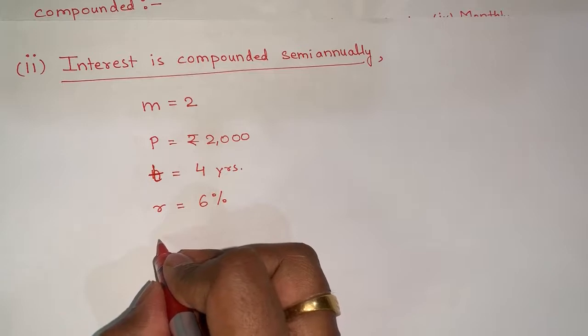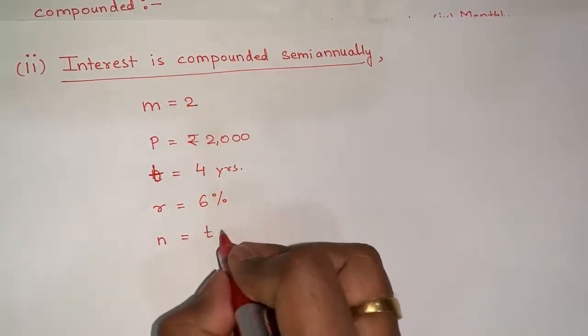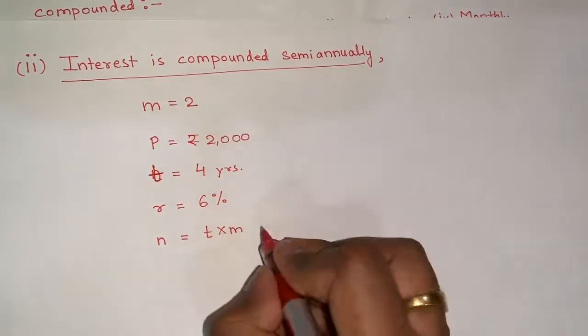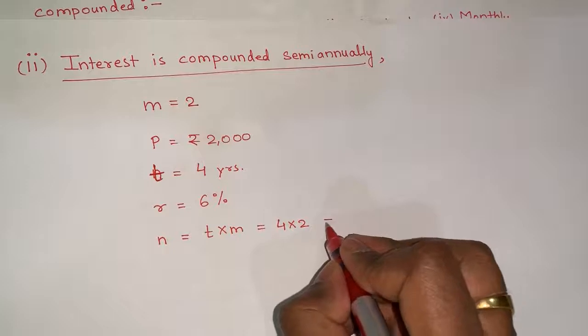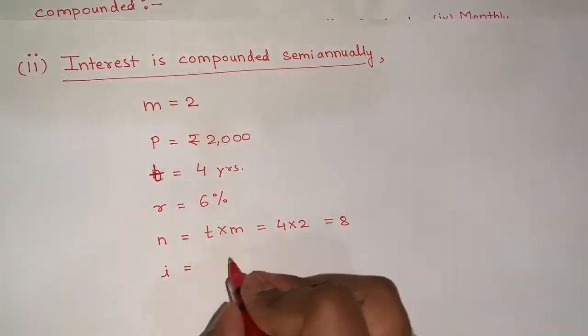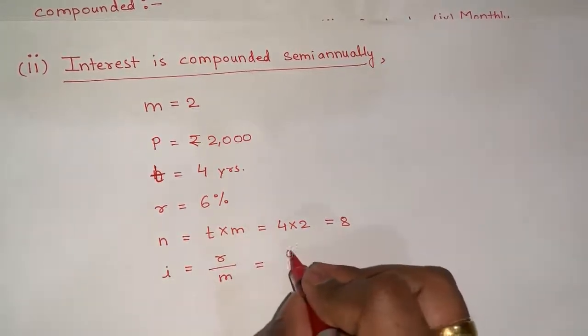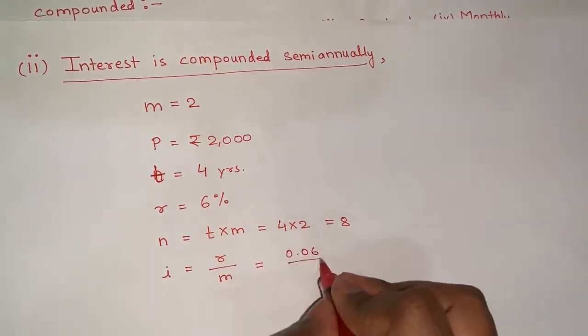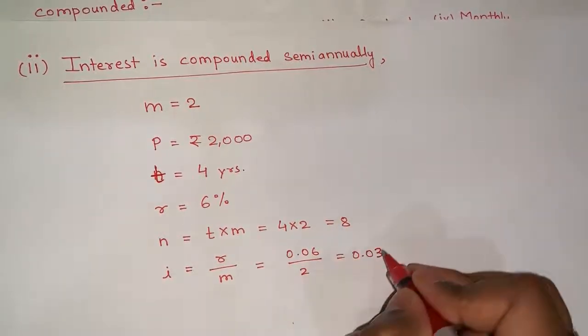Therefore, what is my n? My n is equal to t multiplied by m, which is 4 into 2, which is 8. What is my i? My i is equal to r divided by m, which is 0.06 divided by 2, which is 0.03.